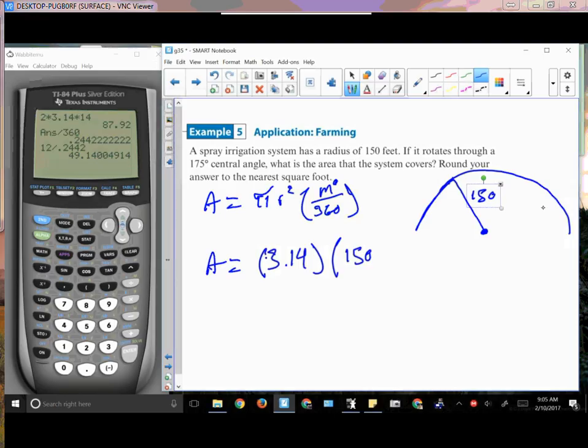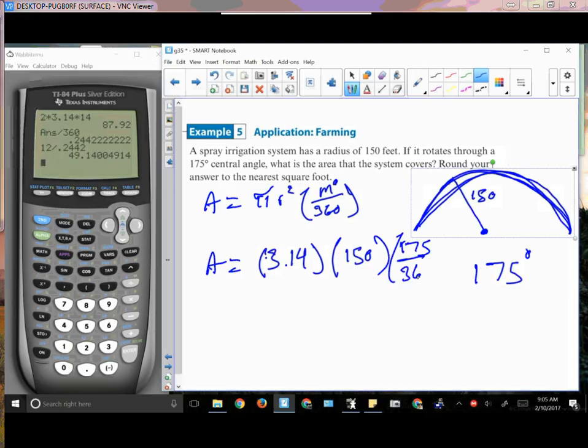So we know that the angle measure here is going to be 175 degrees. Okay. And that's going all the way from here over to here, back and forth. That's what we're looking for. So, got 150, and that's going to be 175 over 360. Do I have all the information in there?